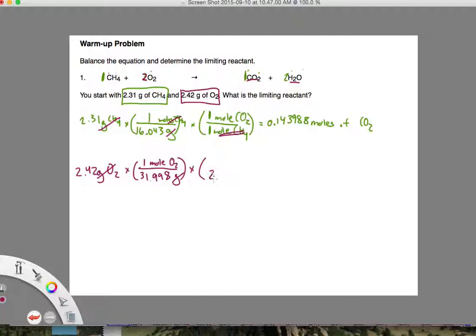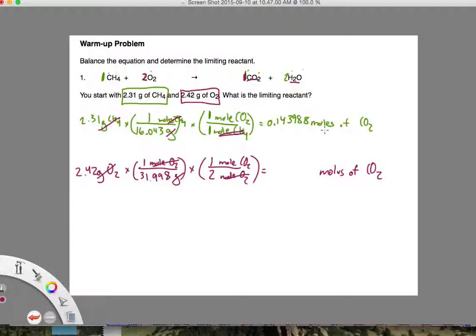There are 2, as you can see, 2 moles of O2 for every 1 mole of CO2. So now these cross off here. We're all in business. This is going to be moles of CO2. And that's great because now we can compare this answer to this answer up here and see which one will make more and which one will make less of CO2.